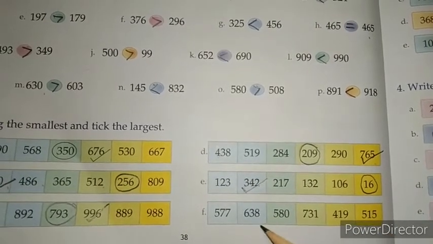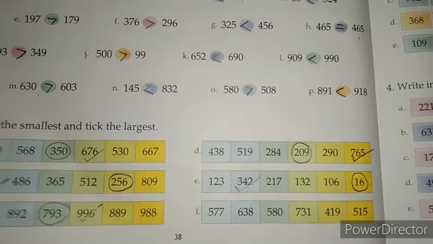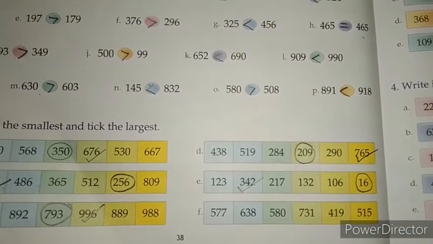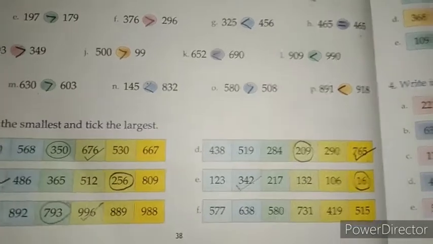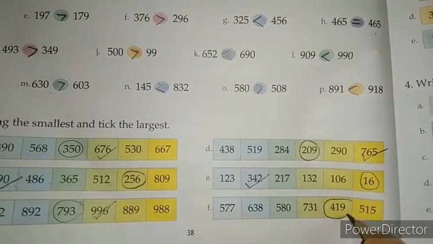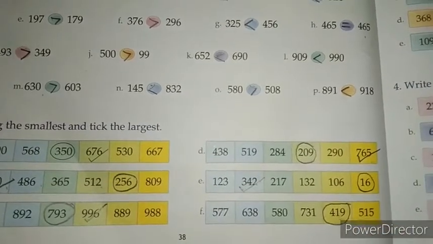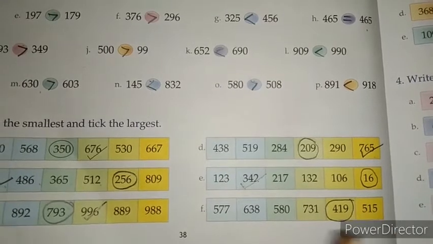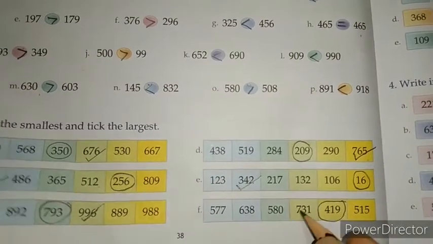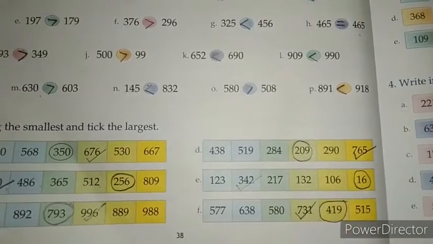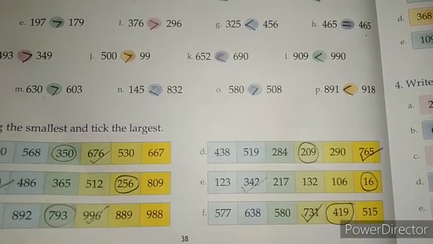In all these numbers, which is the smallest number? Tell me students. Yes, 419. Then circle this. And which is the largest number in these numbers? Yes, 731. This is the largest number in these numbers.